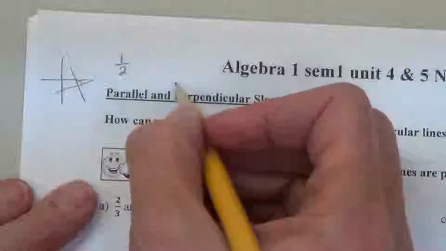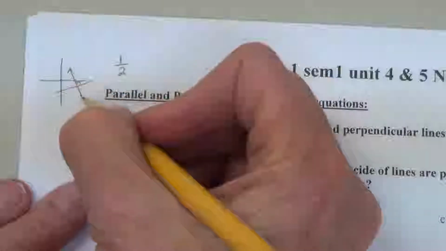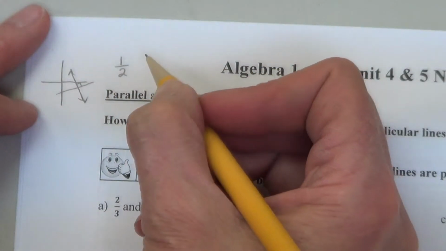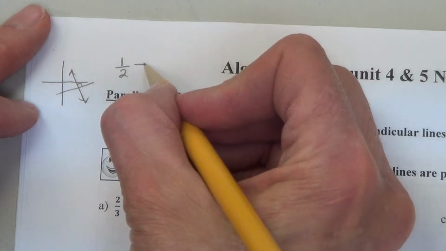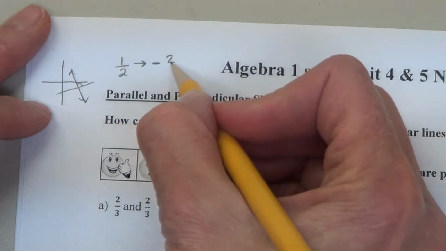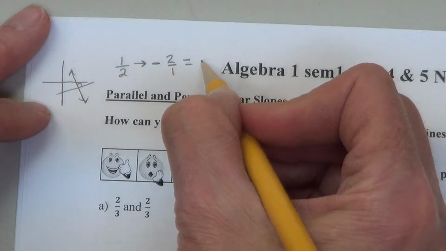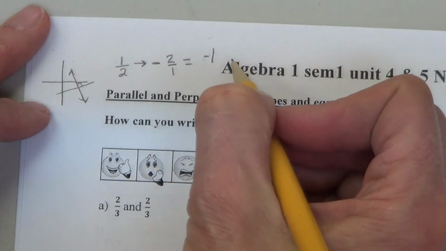And what's really unique about the perpendicular line is, see how it has a negative slope? It goes up to the left. Well, this is true of their slopes, is that they will be opposite, and the other unique thing is that they'll be reciprocals. So when I multiply these, the product always equals -1.